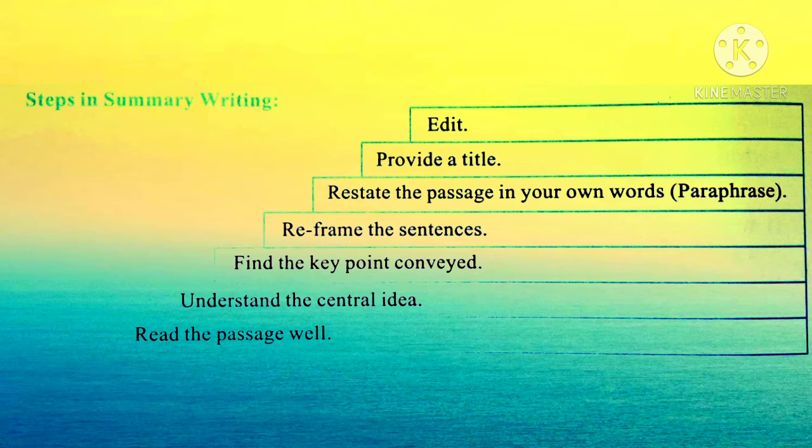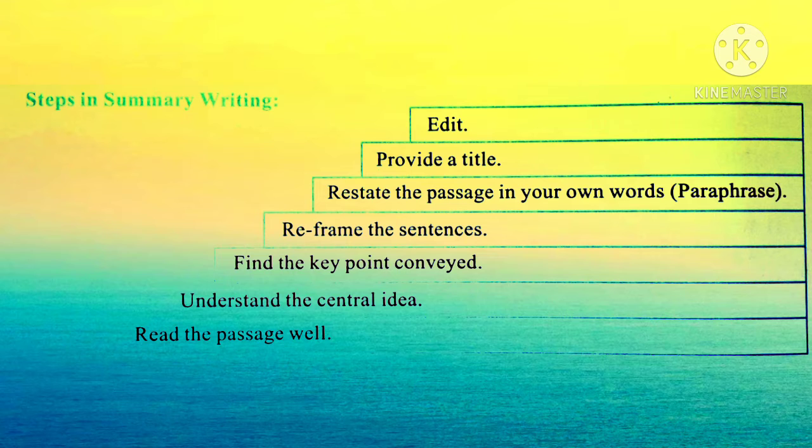Understand now the next step. Sixth step is understand the central idea of that passage or that paragraph, which we are going to turn into a summary. Now the last one is read the passage well.